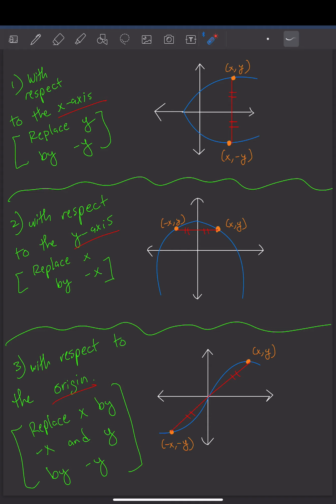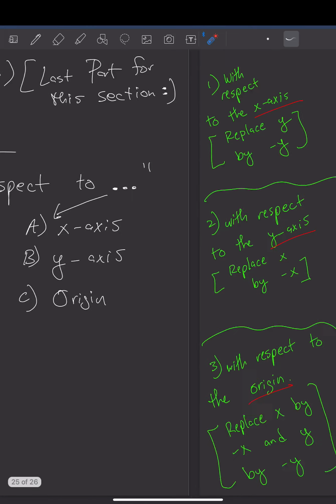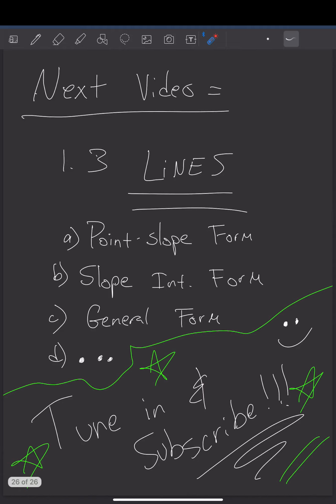Now, this will conclude 1.2 symmetry. We went over part of quadratics, symmetry, and circles. For the next upcoming videos, we're going to be talking about 1.3 lines. There's a lot of good things about lines because we use them a lot in the course of algebra.